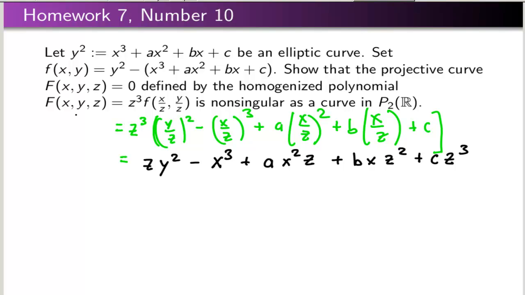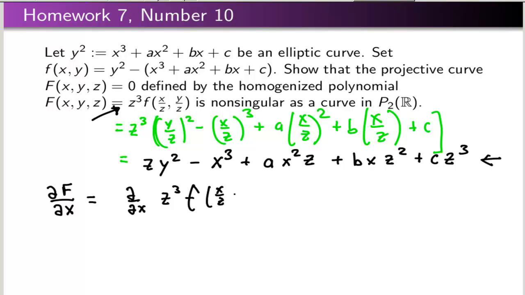And now you need to calculate the partial derivatives. And the question is, do you want to use this form or use the original form here? And you can do it either way. So partial f, partial x would equal partial x of z cubed f of x over z, y over z.